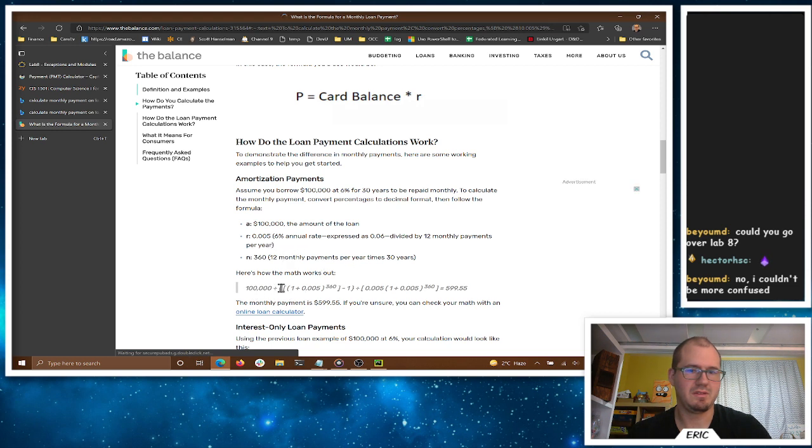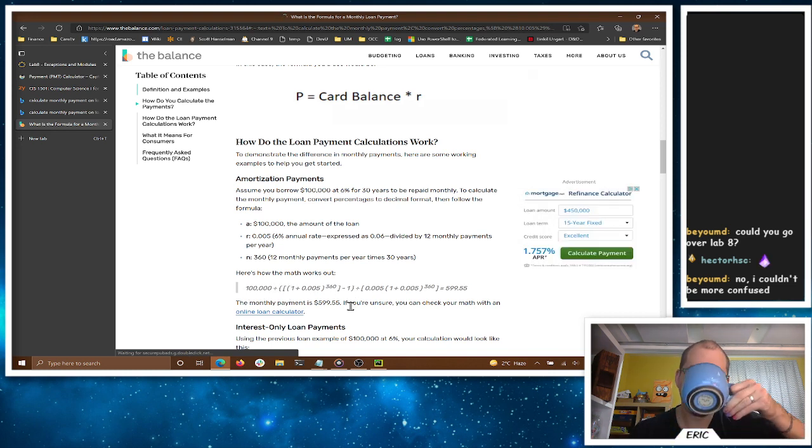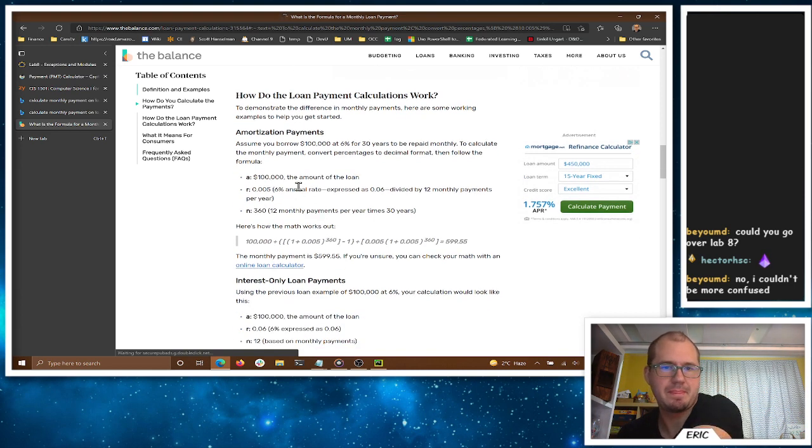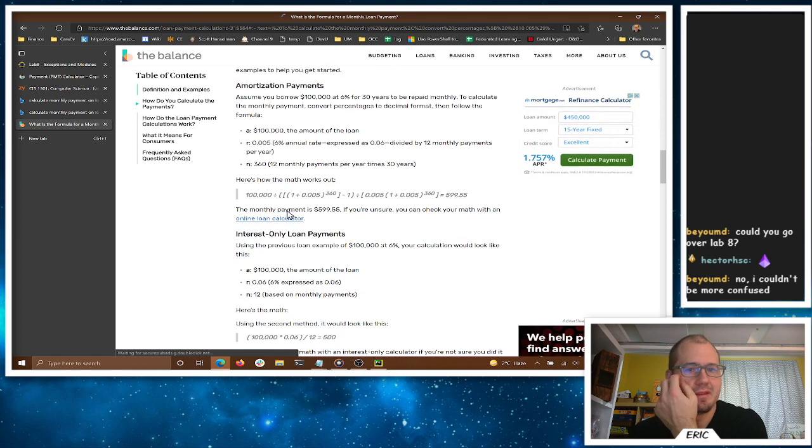So this is the loan balance divided by, let's see, is this one any easier then? So it's our loan balance divided by 1 plus the rate to the power of number of payments, minus 1, divided again by the rate times the rate. Okay, let's try that formula then.